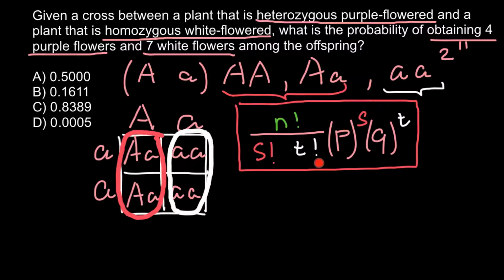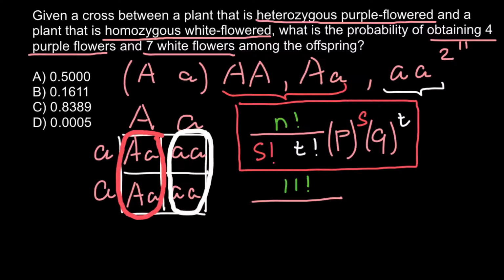This exclamation mark we call factorial. So once again, n in our formula stands for the total number of variants. So 4 plus 7. So let's do our calculations, and this is going to be 11. The total number of variants would be 11 factorial. We have to divide by type 1 events, and this is going to be 4 purple flowered plants.